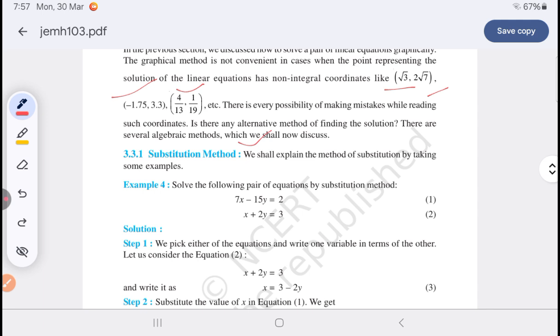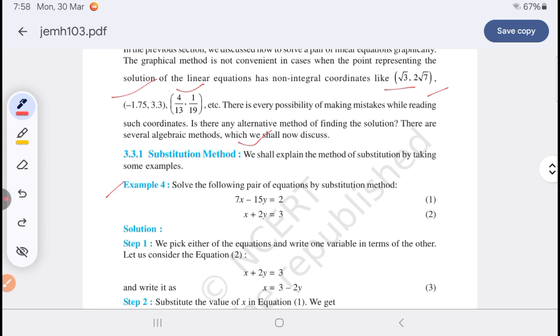Substitution method means there are two variables, so there are two lines in variables x and y. From one equation we solve for x, then put it in the other equation for solving y. So let us explore this method by taking some examples.